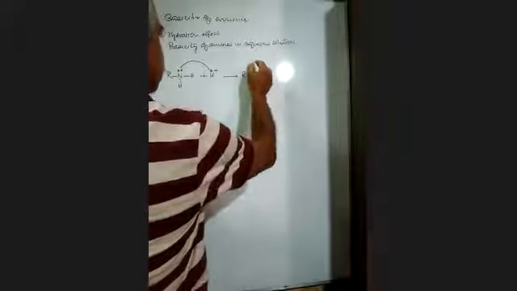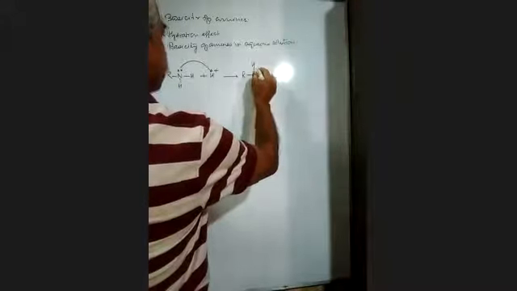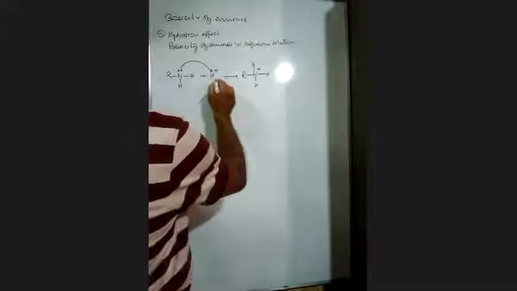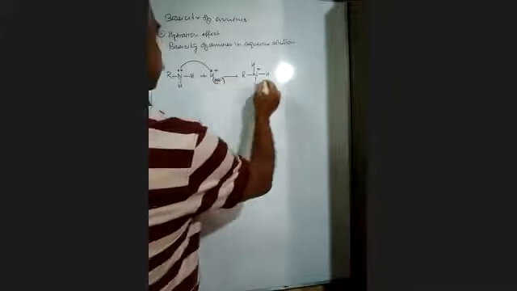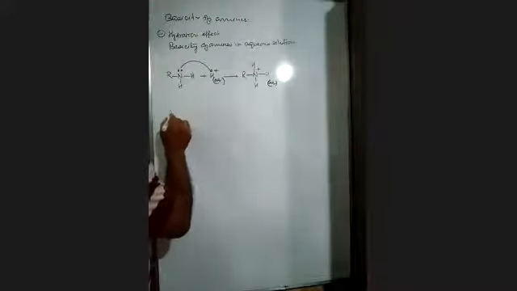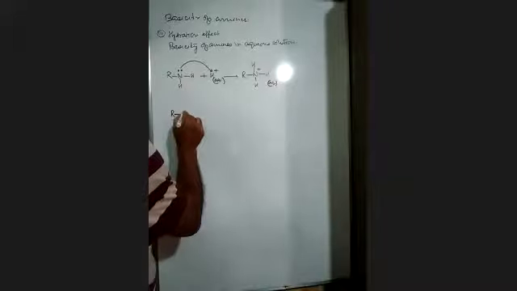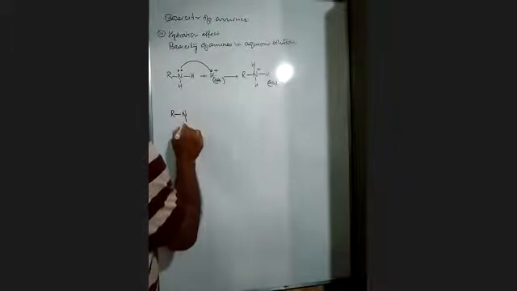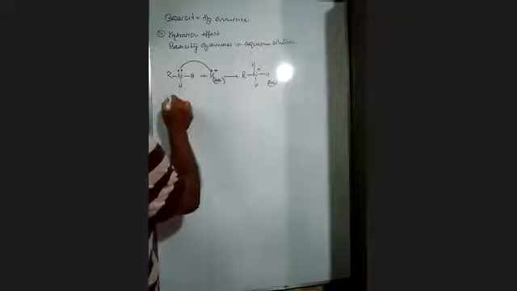So this is primary ammonium salt. We have done this in aqueous media, so this also will be in aqueous media. So now see here, this is primary amine.